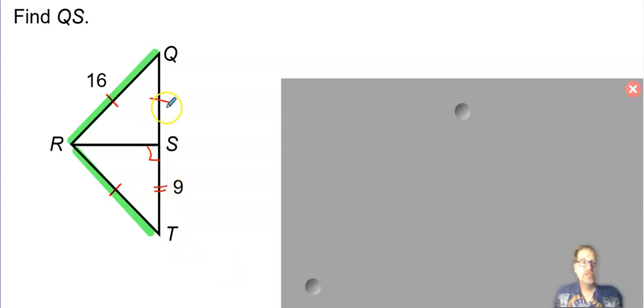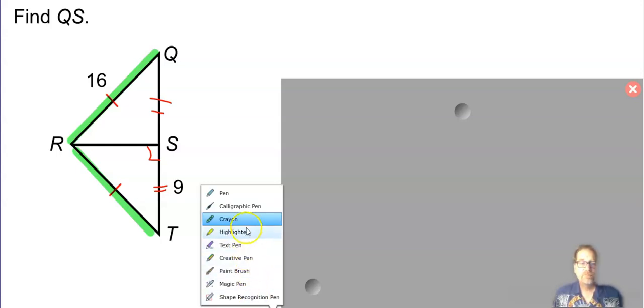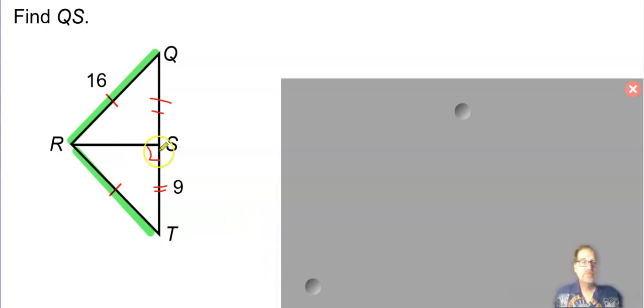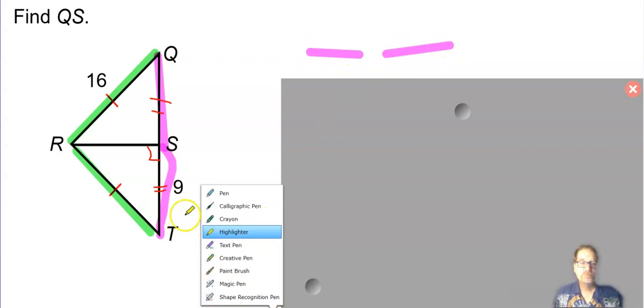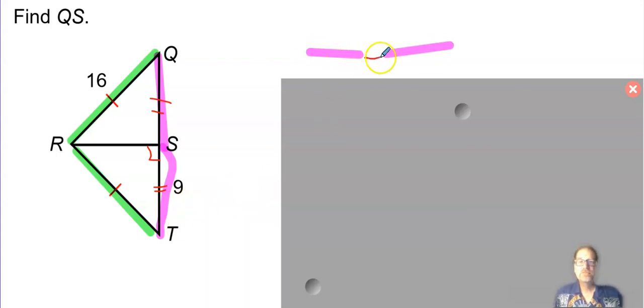So QT is going to get cut in half. There we go. So ST and QS, SQ and ST are the same. So we can say purple equals purple. Boom. Easy.